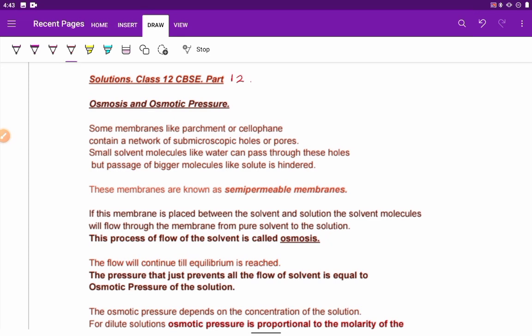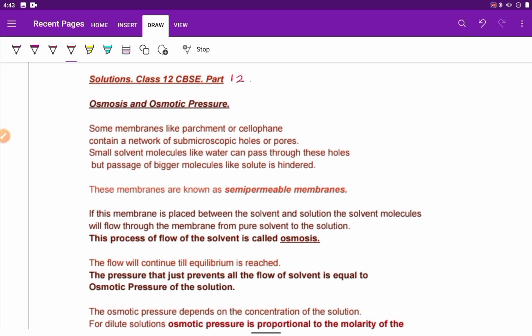Also, in food preservation we use sugar and salt. They are used as preservatives because they cause the microbes to lose water and decrease their metabolism. Similarly, when raisins are soaked in water, they swell. That is also due to osmosis.